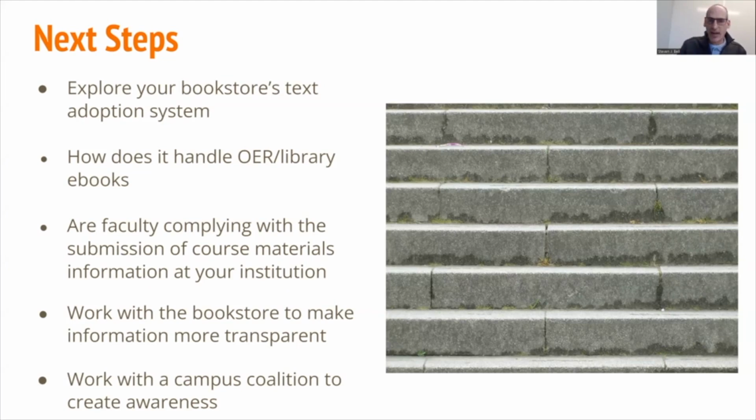And you especially want to find out, how does it handle OER or library ebooks? How would that be reflected? And it's also important for us institutionally for faculty to comply with that federal regulation to submit these course material adoptions by a certain point, so that when students are registering, they have access to that information.